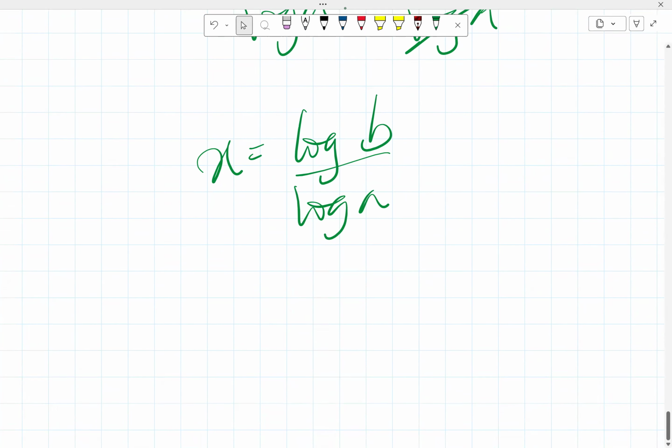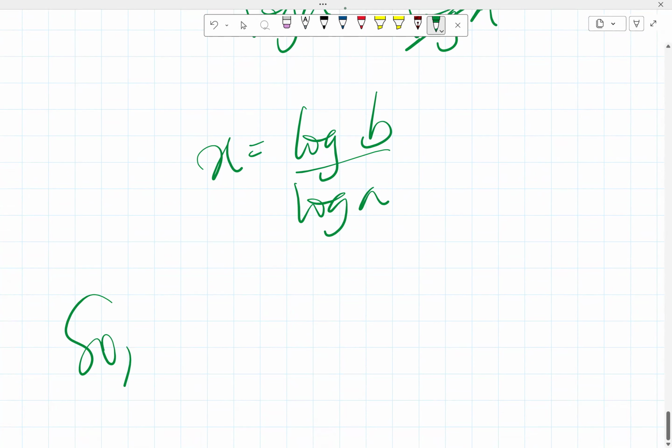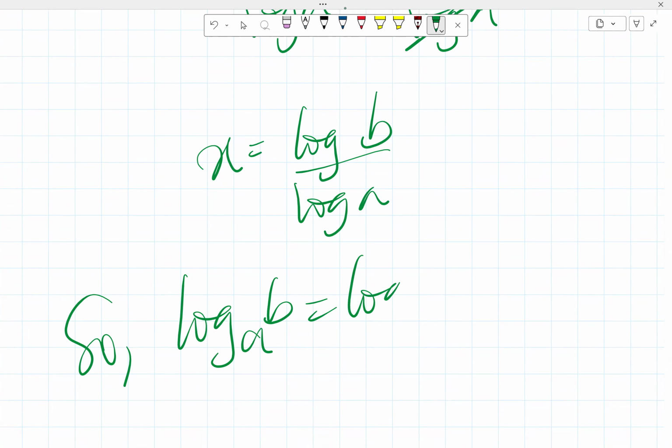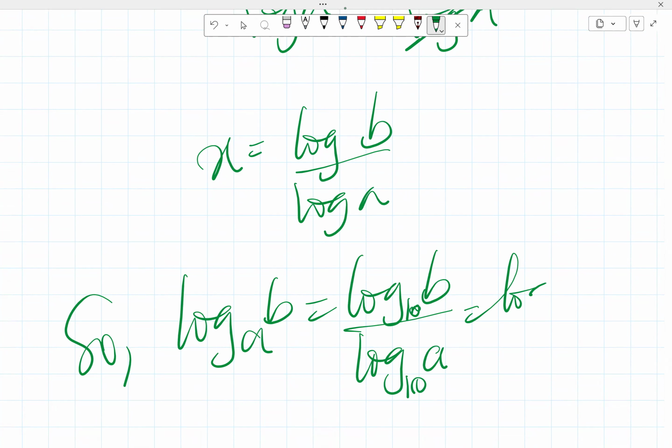All right. So we can say that log b to base a is equal to log b all over log a, that's log b to base 10 and log a to base 10. Or if you like, just write log b over log a, where if we don't write the base, it's base 10.